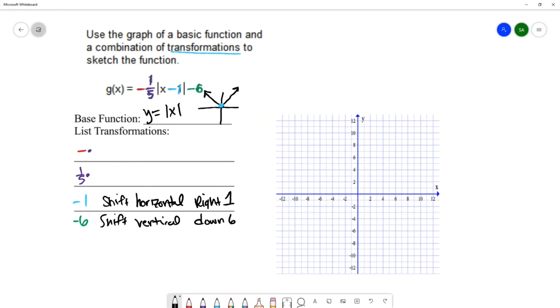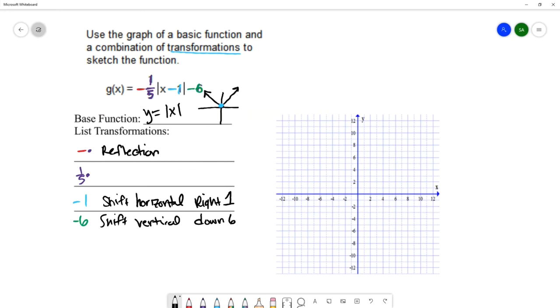Another very common transformation is this multiplication by a negative. And when you multiply by a negative, you get a reflection. And there are two types of reflections. You can have a vertical reflection or a horizontal reflection. Vertical, once again, is going to be on the outside.